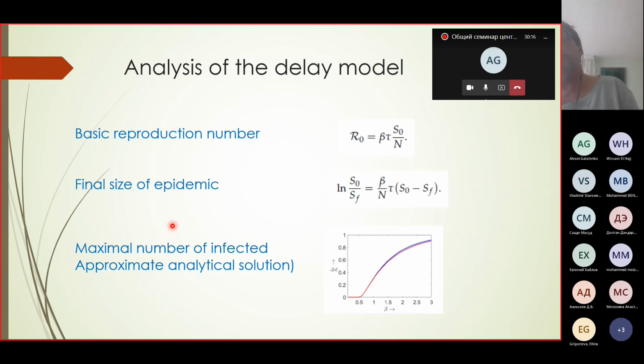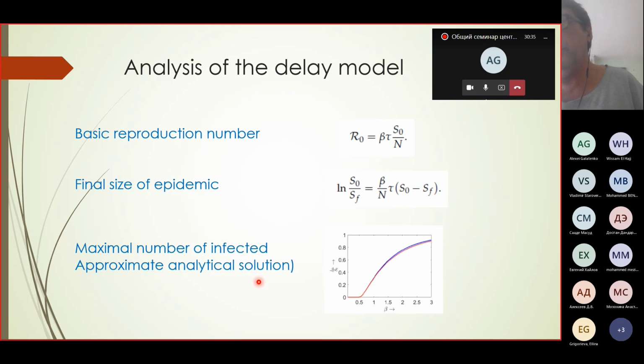Finally, the maximal number of infected individuals. In this case, calculations become a little more complex, and we cannot obtain an exact analytical solution, but we can obtain an approximate analytical solution.